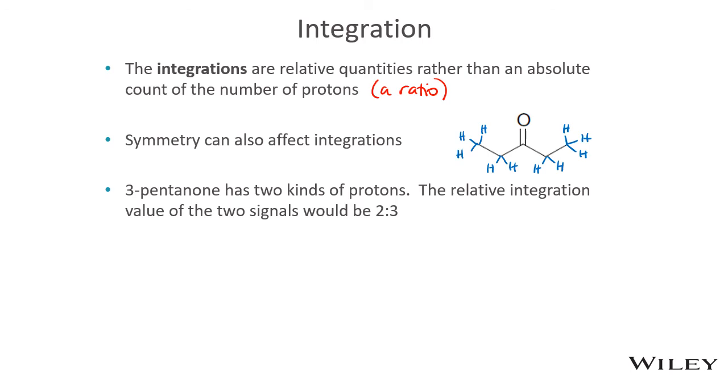Now the computer is going to focus on one of these complete sets only. So once the computer goes through the process of determining the integration, we would see 2 signals that have a 2 to 3 ratio. Now that's not going to correlate exactly with the actual number of hydrogens, which is actually 4 to 6. So in the next slide, we'll see how we know, based on NMR data, if the molecule has symmetry or not.